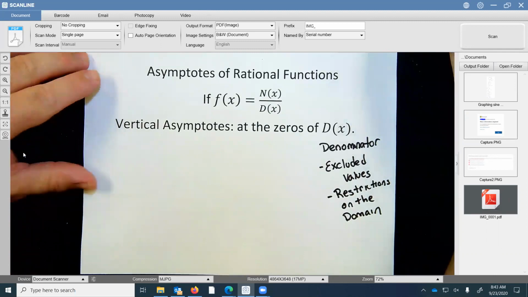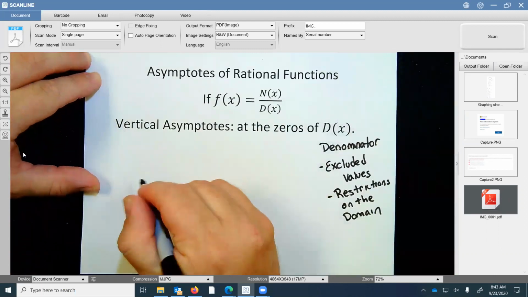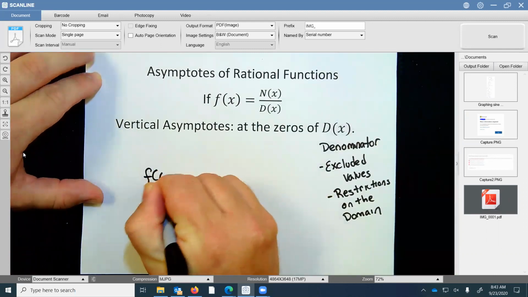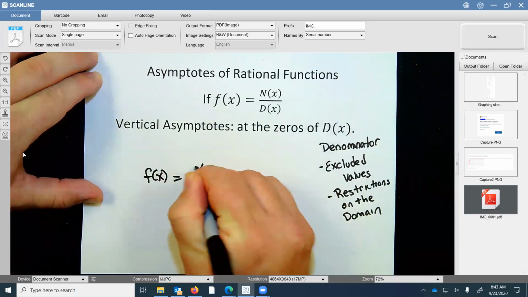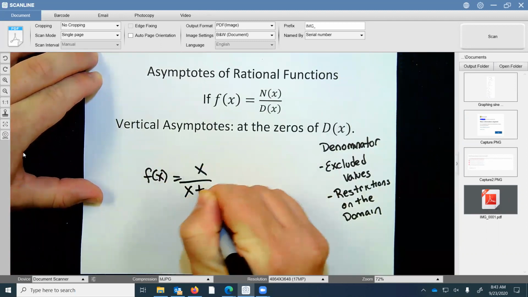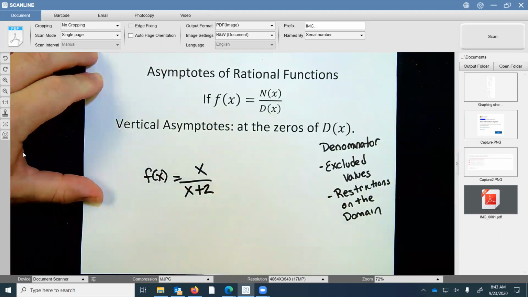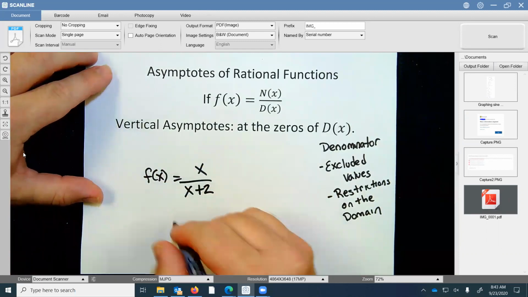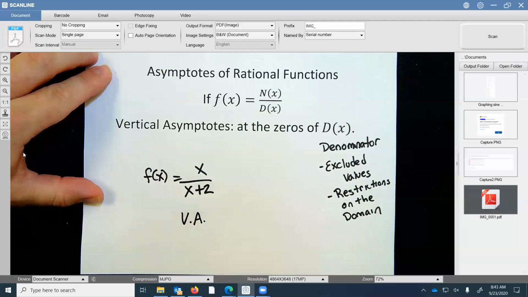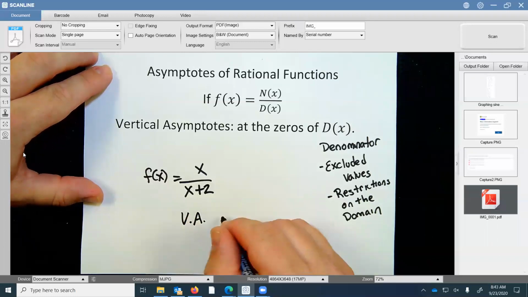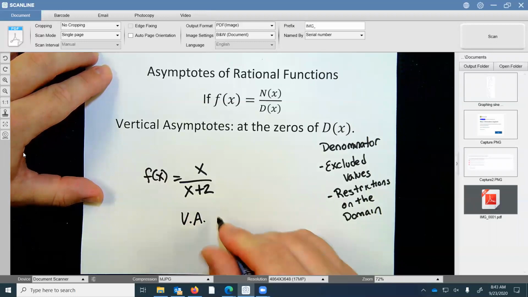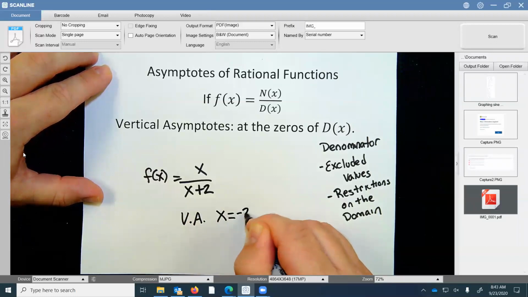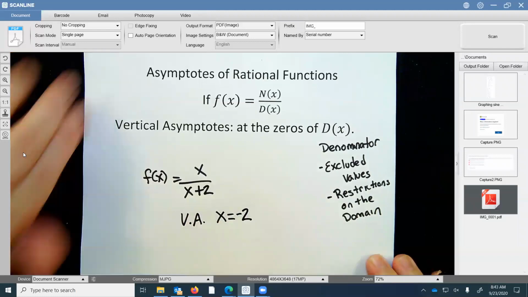But generally speaking, if I have a function f of x equals x over x plus 2, then where is the vertical asymptote? Okay, what value? Yeah, so x equals -2 is my vertical asymptote.